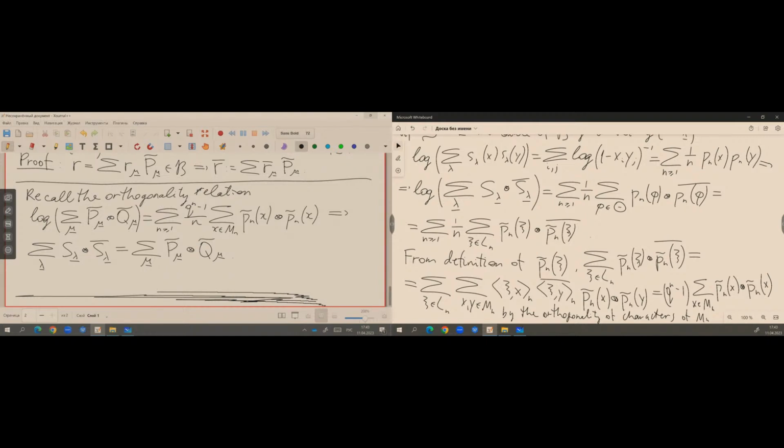Okay, so let s_lambda have coefficients r_{lambda mu} in terms of Hall-Littlewood polynomials p tilde mu, so that it is also equal to some other expression in terms of modified Hall-Littlewood polynomials q.